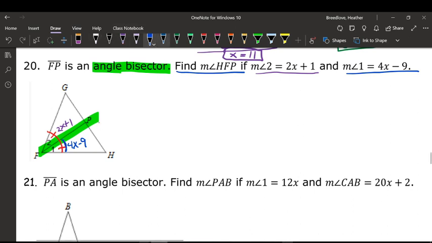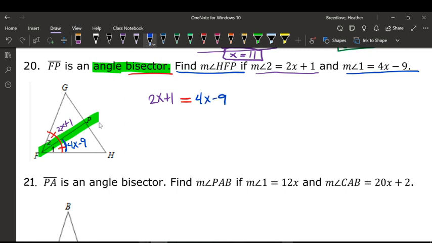All right, so because the angle bisector means that they are equal. So what is equal? Well, the two angles are equal. So I'm going to take what I have written down as the expression for each angle and make an equation. 2x plus 1 equals 4x minus 9.